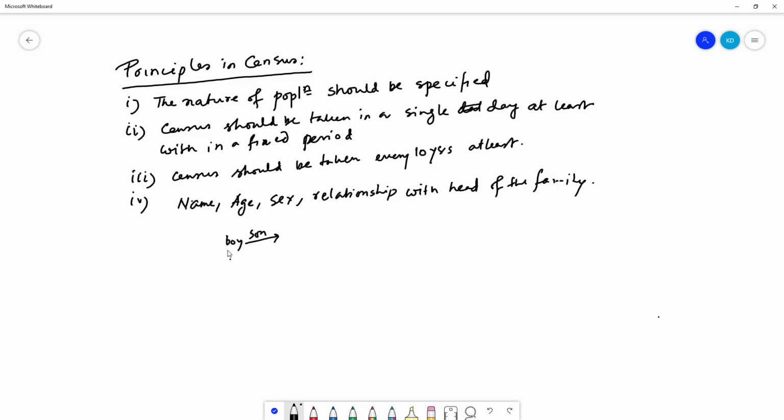Date of birth, how many births are there, place of birth, for every individual in a family we consider place of birth, mother tongue, marital status, knowledge of language, permanent residence, nationality, physical disability, etc.